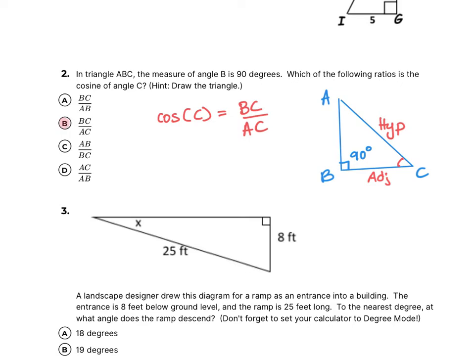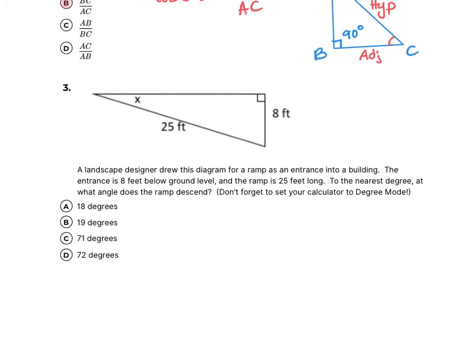Now let's move on to number 3. A landscape designer drew this diagram for a ramp as an entrance into a building. The entrance is 8 feet below ground level, and the ramp is 25 feet long. To the nearest degree, at what angle does the ramp descend? Now keep in mind that every time I'm trying to find a missing angle, I'm not talking about sine, cosine, or tangent anymore.